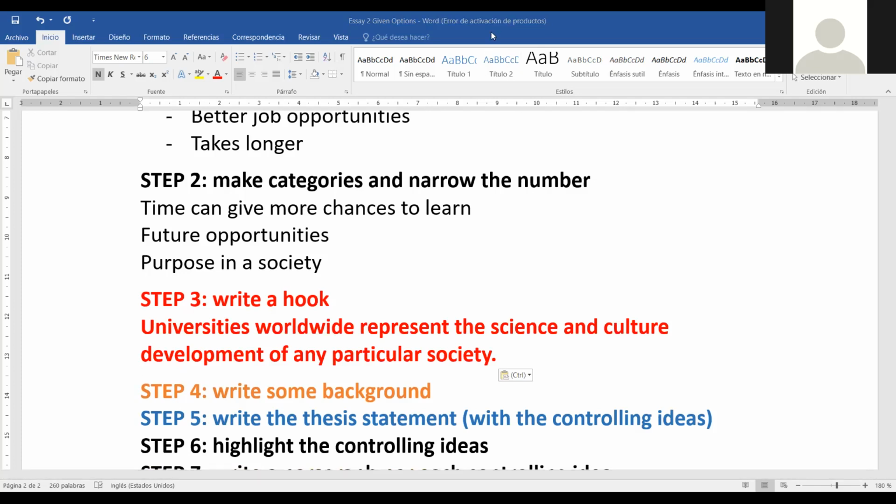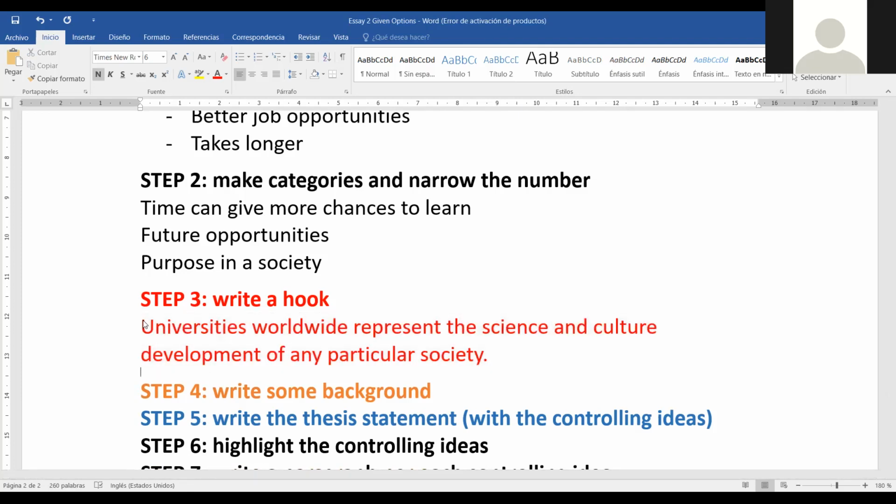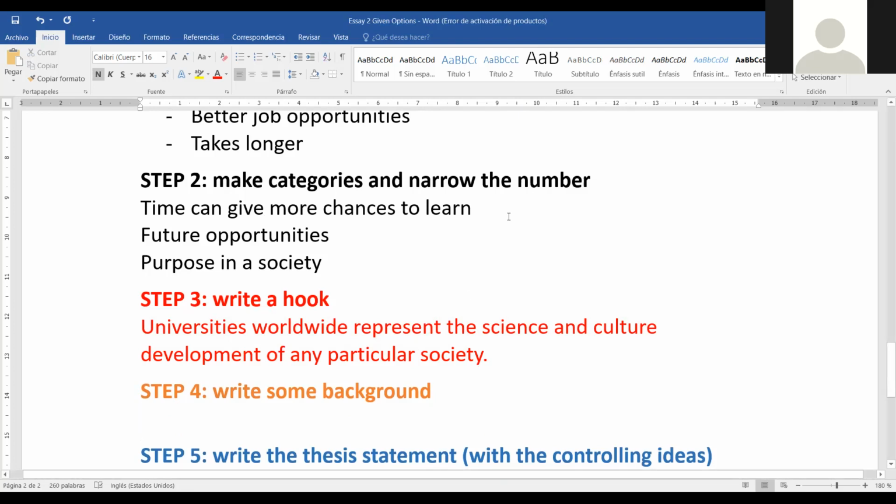Can you read it, please, Luis? Universities worldwide represent the science and cultural development of any particular society. Then I also included this, which I think I didn't include in last class: write some background.